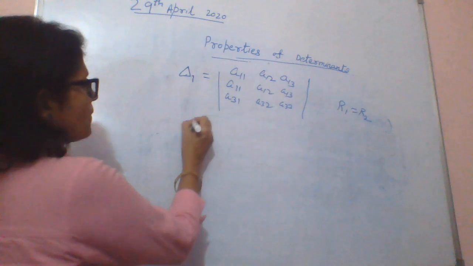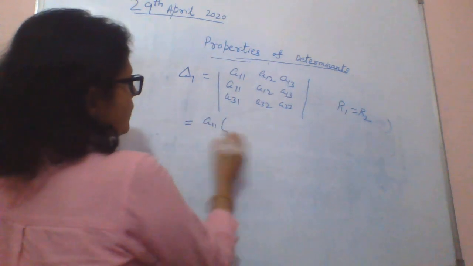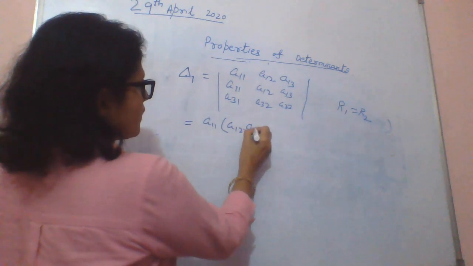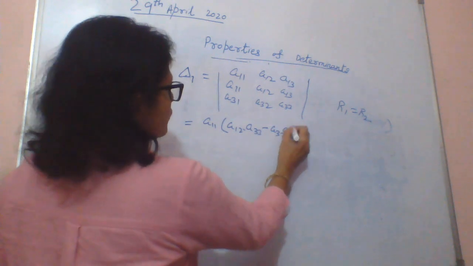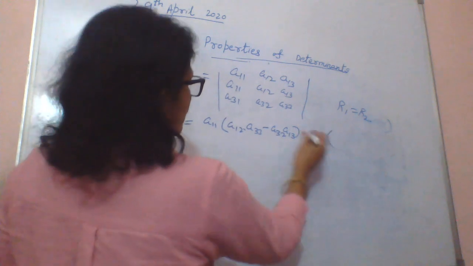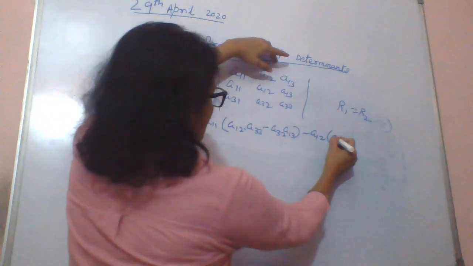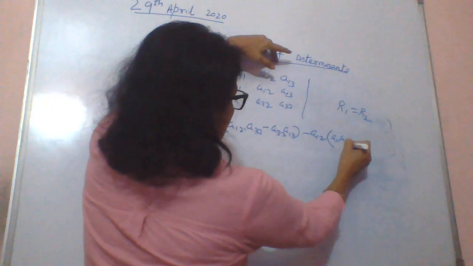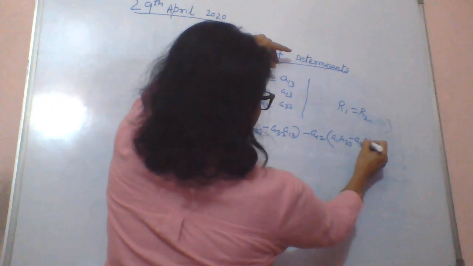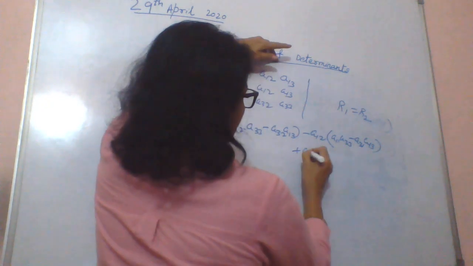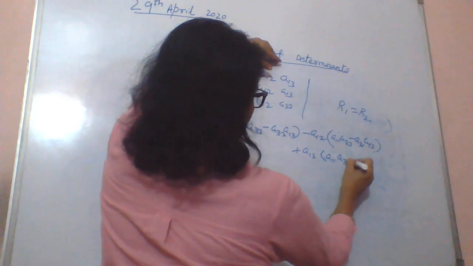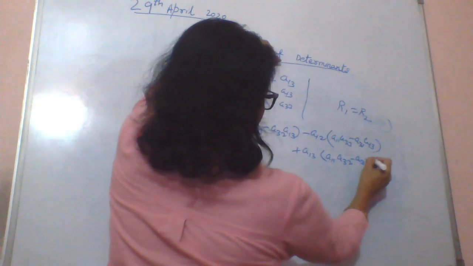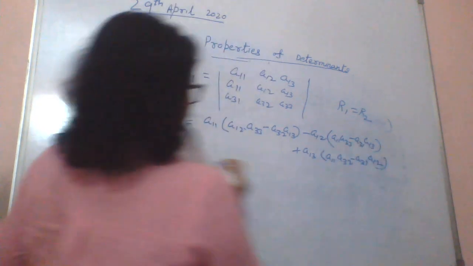Now if I evaluate, A11 into (A12 A33 minus A32 A13), minus A12 into (A11 A33 minus A31 A13), plus A13 into (A11 A32 minus A31 A12). Like this.